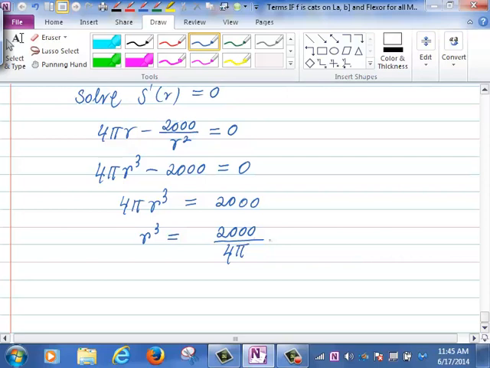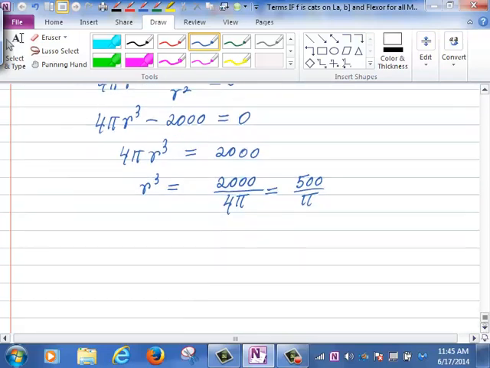What is that equal to? The 4 goes, okay, so this is 500 over pi, right? And so r would be the cube root of 500 divided by pi. And if you have a calculator, you can calculate approximately what that is.